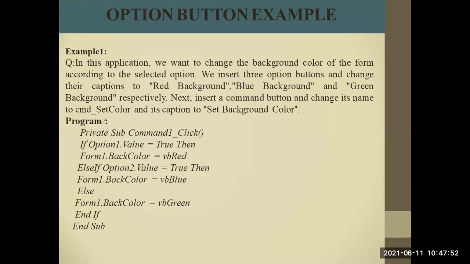Now this is the program for that. We will use a command click procedure. Then we have three option buttons here, and with that we use an if-else condition. If option one dot value equals true, that means if you choose the first option, then the form dot background color will be set to red.